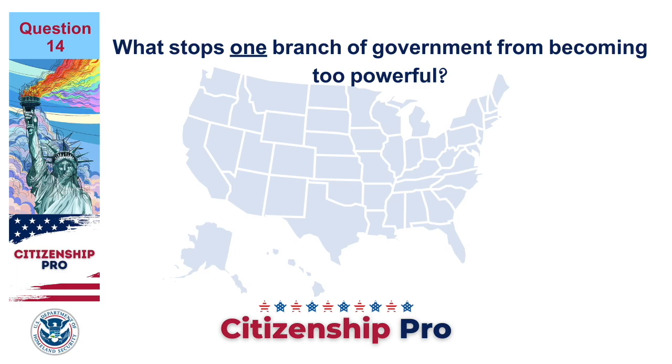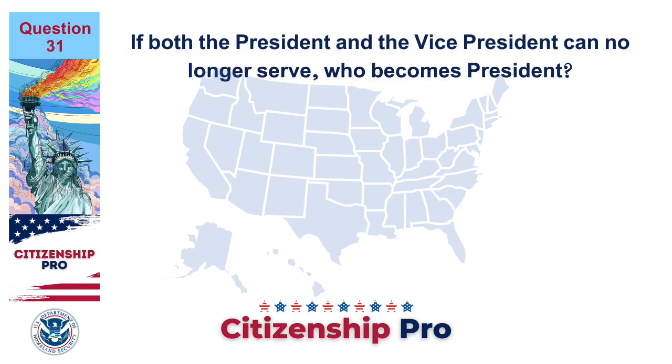What stops one branch of government from becoming too powerful? Checks and balances. If both the president and the vice president can no longer serve, who becomes president?